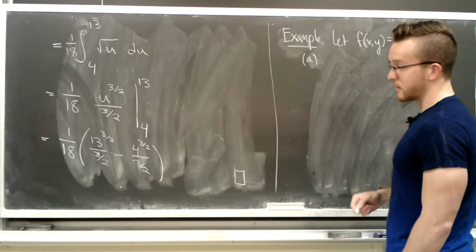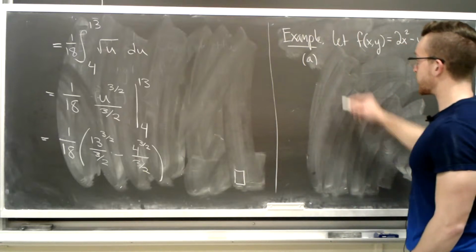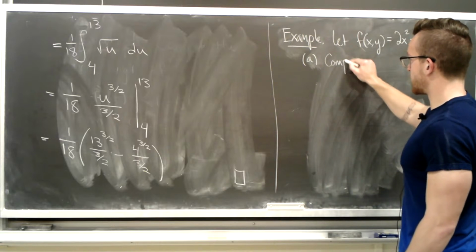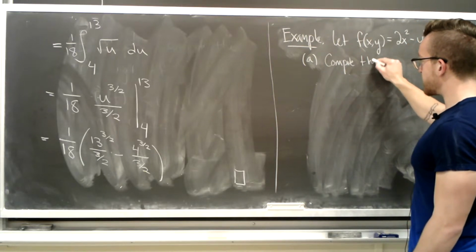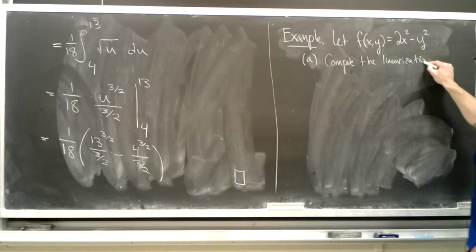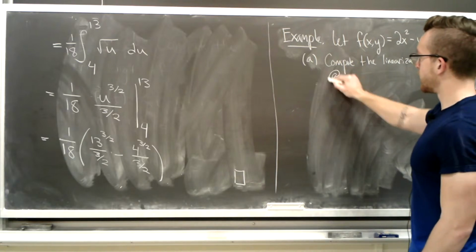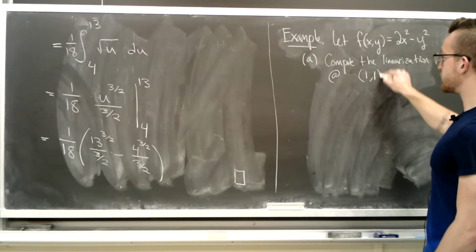In part A, I want to compute the linearization at some point. So compute the linearization, which I'll call L of x, y, at the point (1, 1).